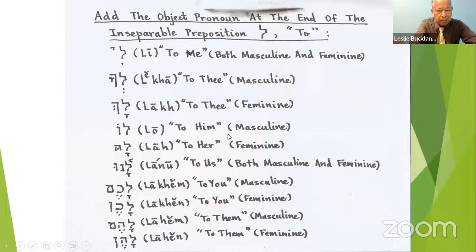Lo, to him, masculine. La, with the mapik in the hay, to her, feminine. Lanu, to us, used both with the masculine and feminine genders. Lakem, to you, masculine. Laken, to you, feminine. Lahem, to them, masculine. Lahen, to them, feminine.